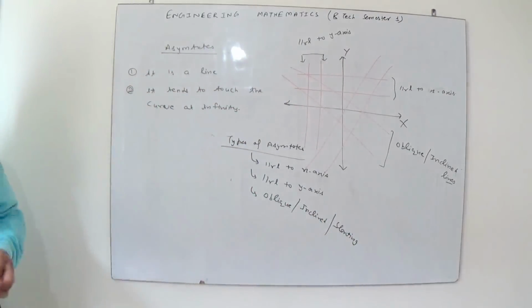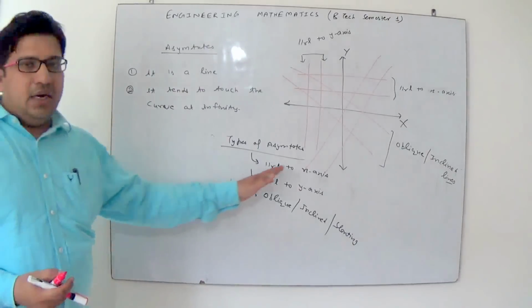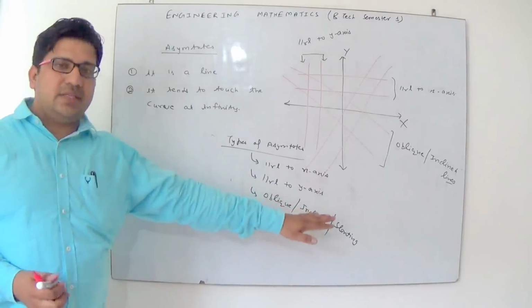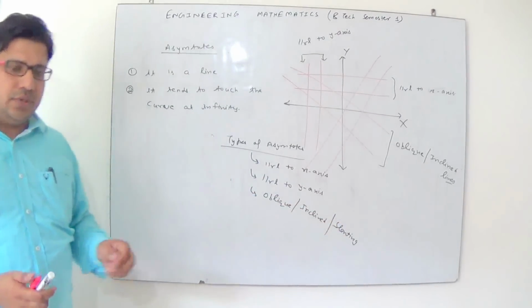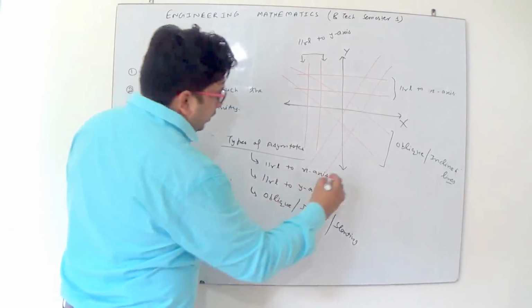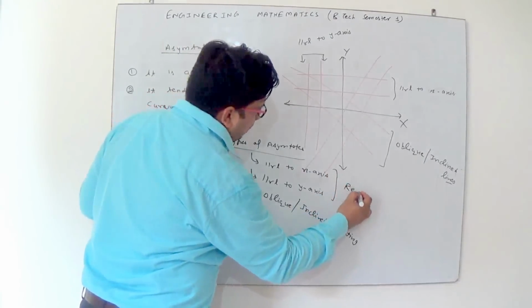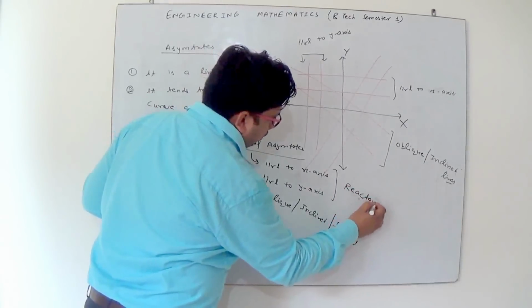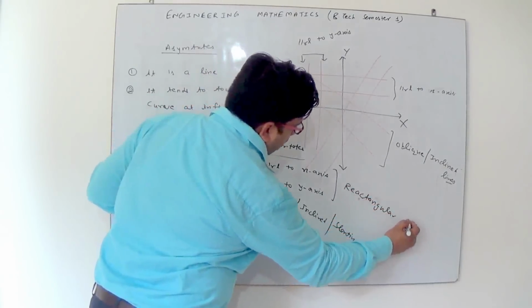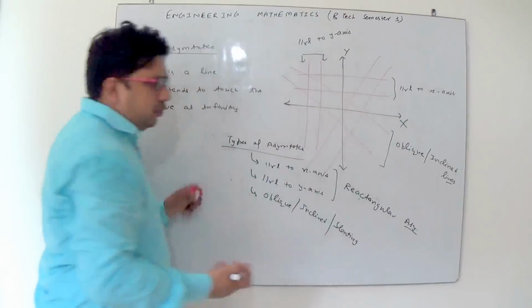So there are three names for the third type. Sometimes these two are also known as rectangular asymptotes.